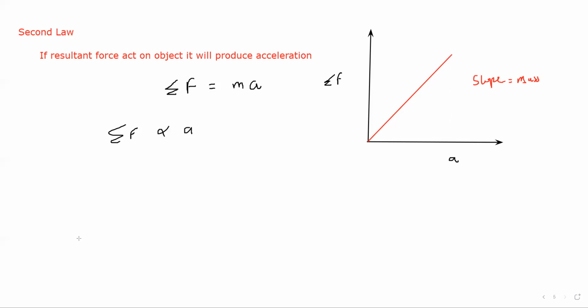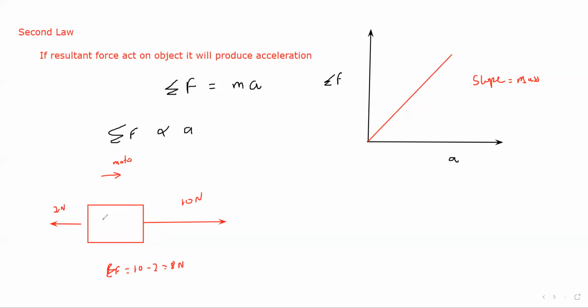So how can you use this? An object was moving, this was the original direction of the motion, and a force of 10 Newton and a force of 2 Newton are in the opposite direction. So what will be the resultant force? The resultant force will be 10 minus 2, which is equal to 8 Newton.